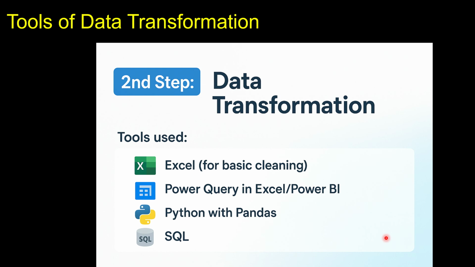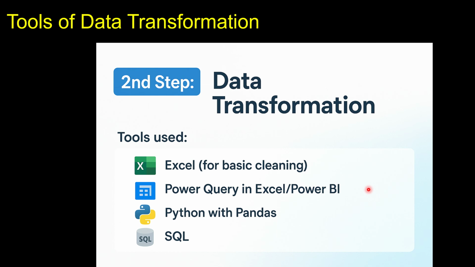To clean and prepare data, which is called data transformation, we can use a few helpful tools. Some of the most common ones are Excel, good for basic tasks like removing duplicates or fixing errors.